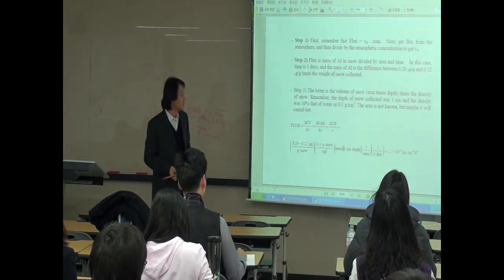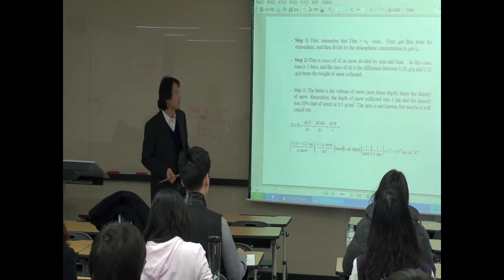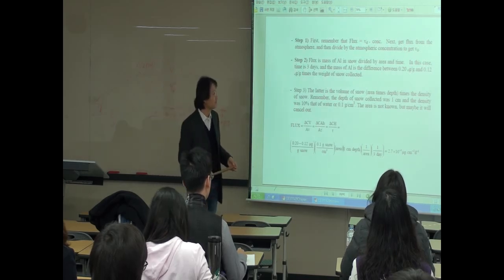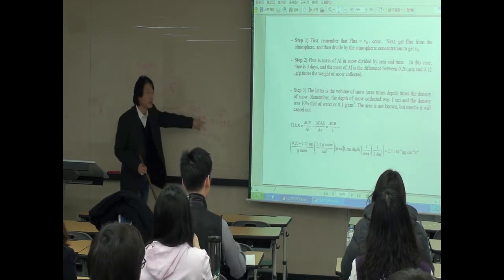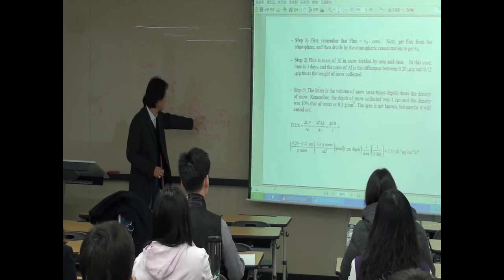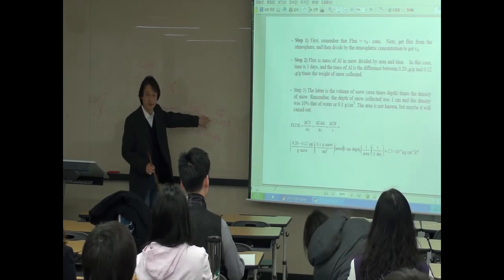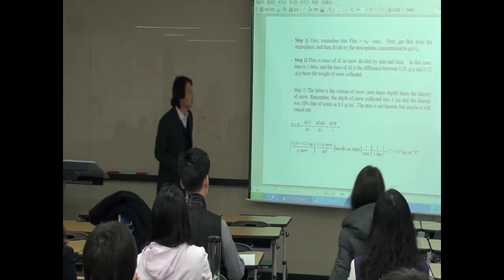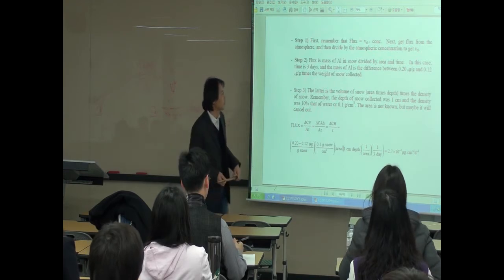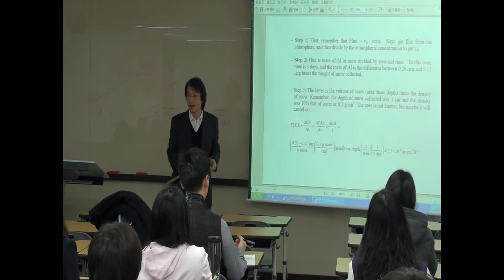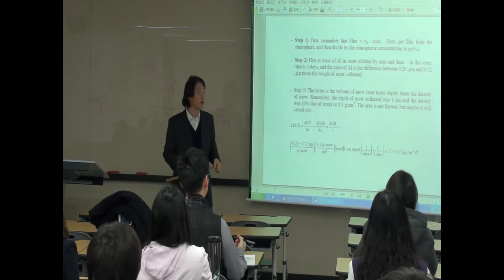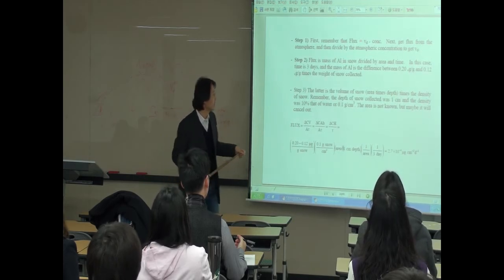Flux is the mass of aluminum divided by area and time. In this case, we have 3 different days with different aluminum concentrations in the snow. So we can get the mass of aluminum from each different concentration change.